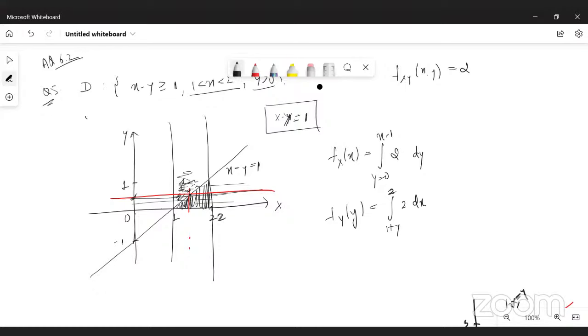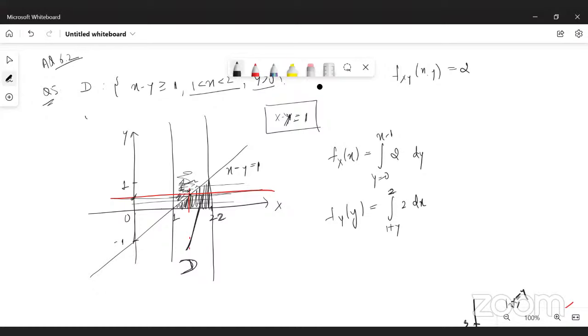But you want this limit to, like, this is your region of interest. This is your D. And you want to vary the limit. You want to see what is going to be the lower limit for this region D. So you can see that your x is varying.